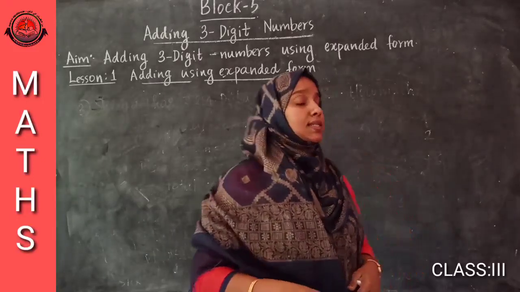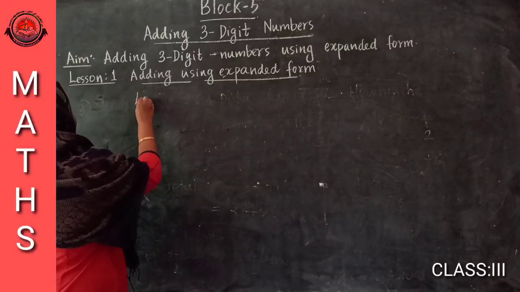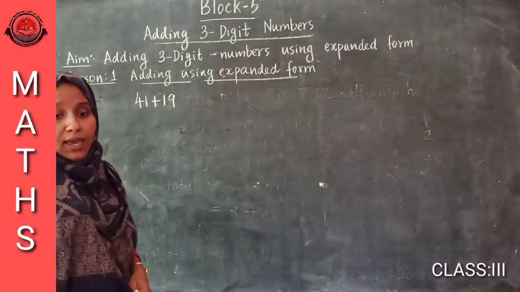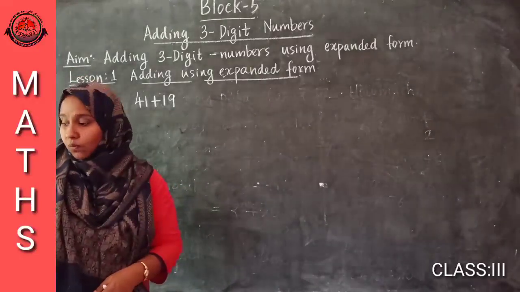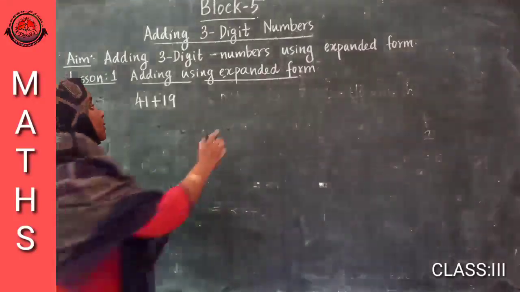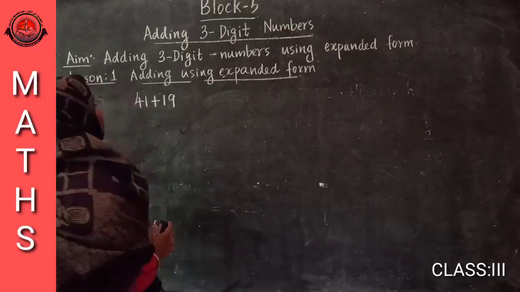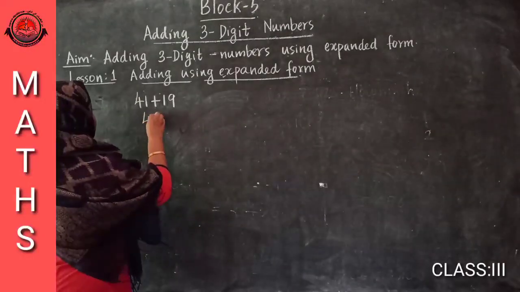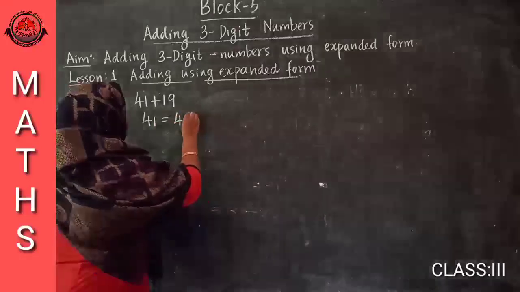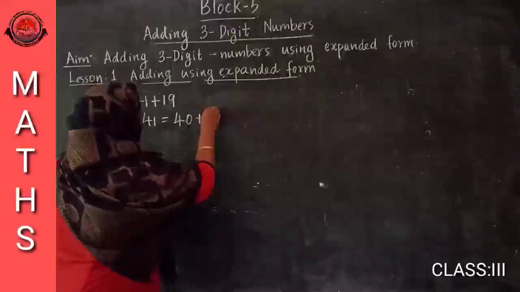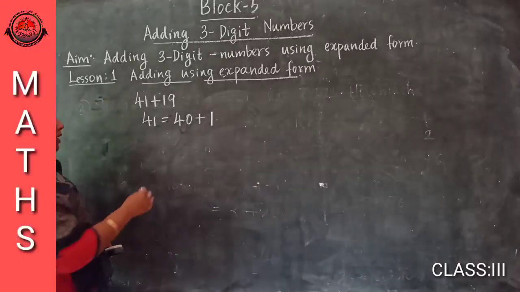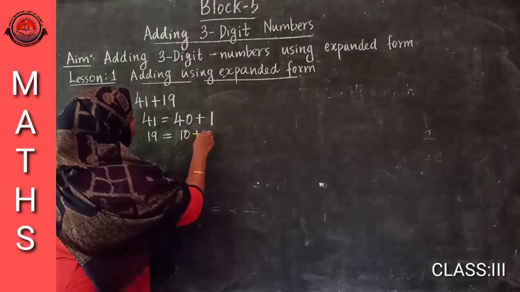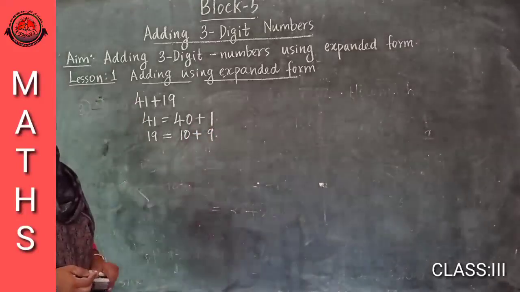Consider one example: 41 plus 19. Using expanded form, how do we do it? 41 is equal to 40 plus 1 and 19 is equal to 10 plus 9.